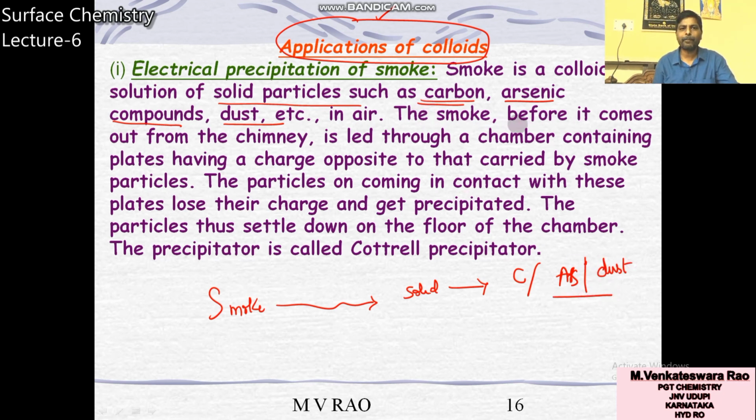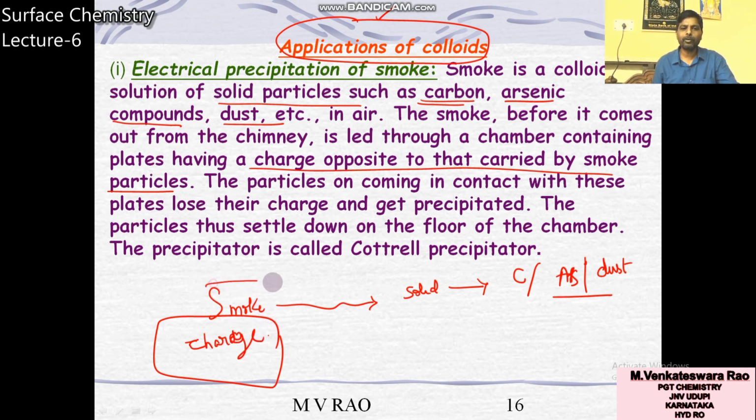The smoke, before it comes out of the chimney, is led through a chamber containing plates having a charge opposite to that carried by the smoke particles. This smoke is a colloid. It carries some charge.